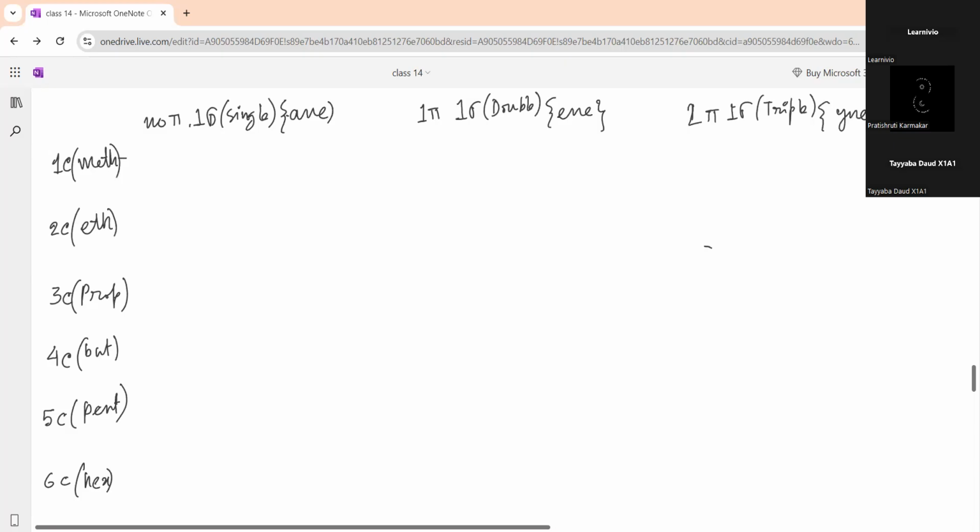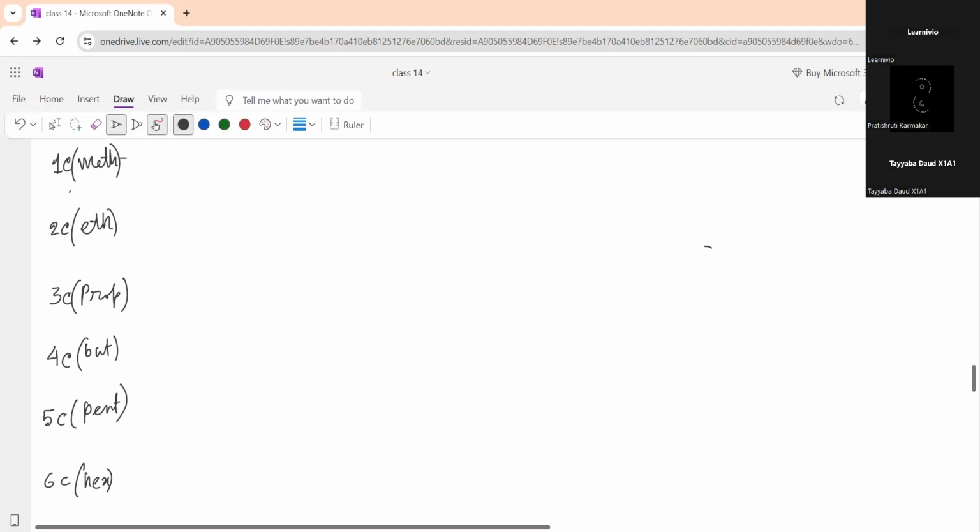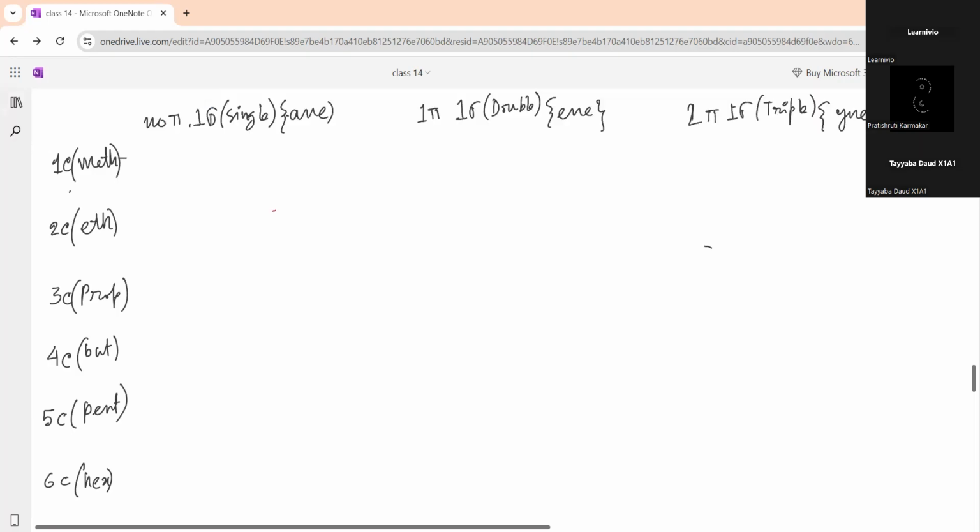So if we have only 1 carbon and only single bonds, what would we call it? If we have only 1 carbon and single bonds only, we will call it methane.